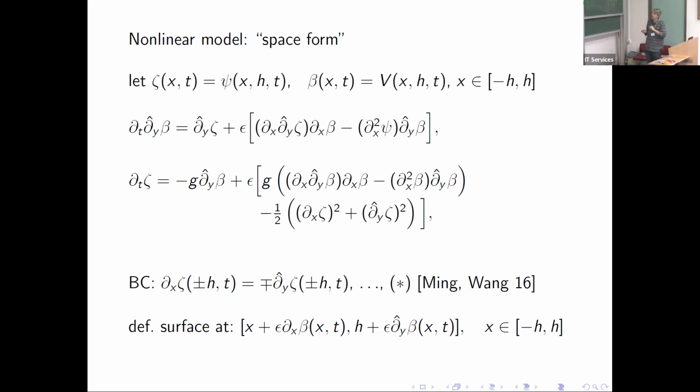The study of Ming and Wang considers a wedge and considers these questions in more detail. There are some problems that we don't see here because all operations are done on these functions that are harmonic and smooth everywhere on the plane. Now, one idea with this approach is that I'm going to work with surface quantities and then define the free surface this way.